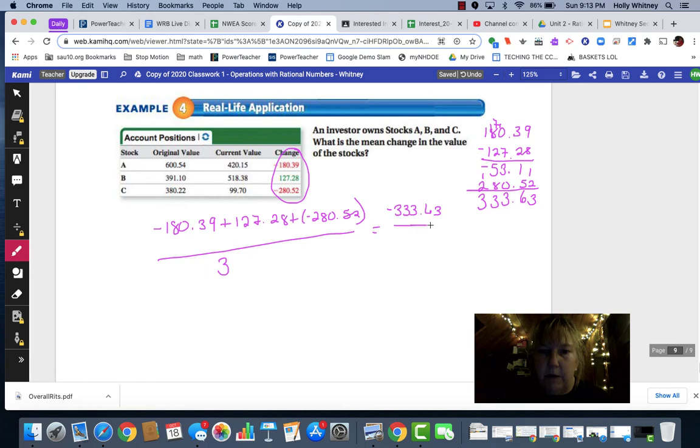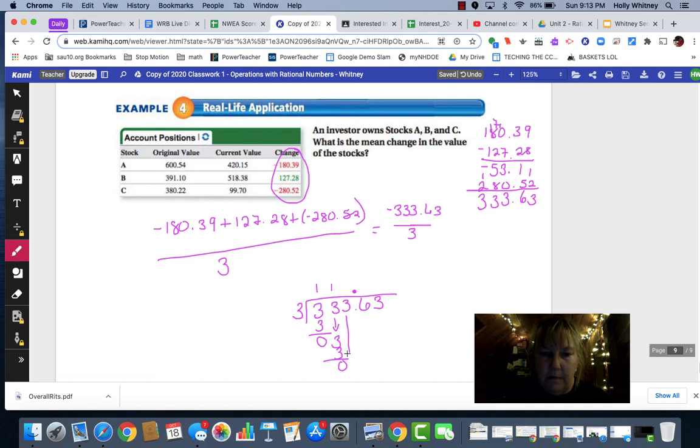So $333.63 divided by 3. The decimal point goes up on the roof. 3 into 3 is once. 3 times 1 is 3. 0. Carry down the 3. 3 into 3 is 1. 3 times 1 is 3. That's 0.